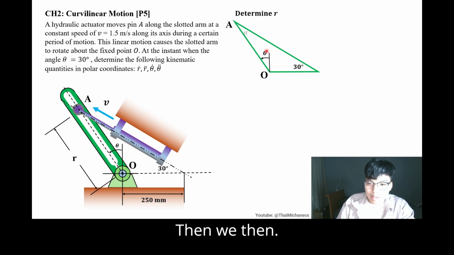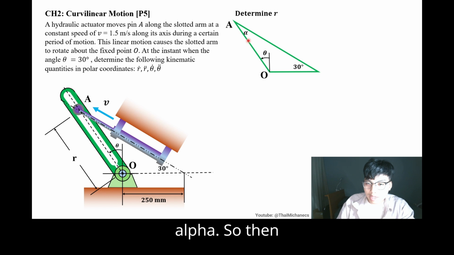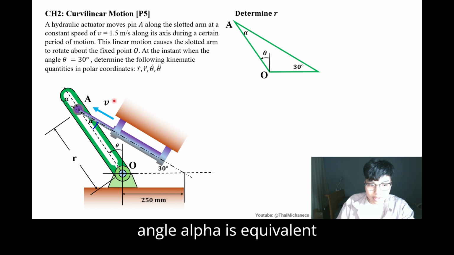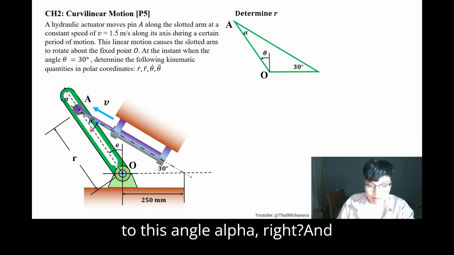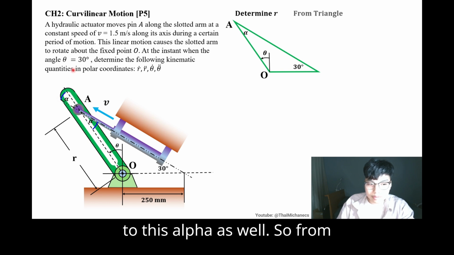Then we assign the unknown angle here as alpha. This angle alpha is equivalent to this angle alpha, right? And also equivalent to this alpha as well.